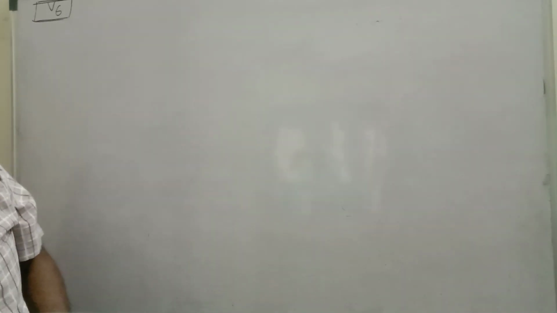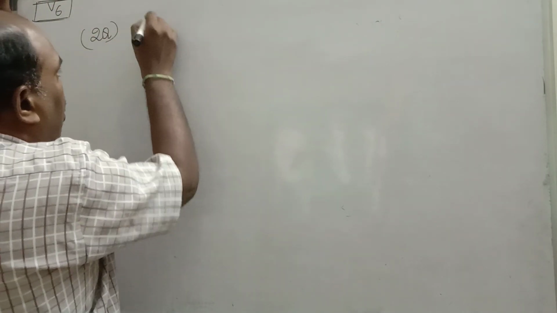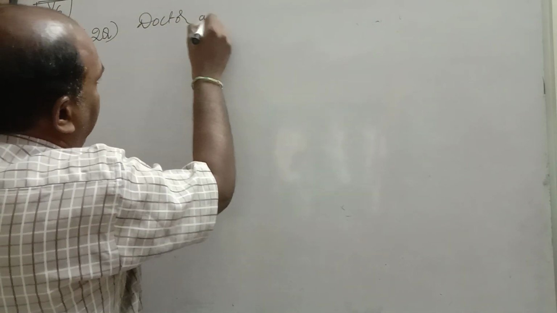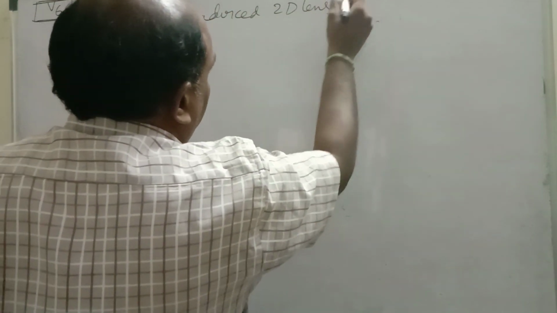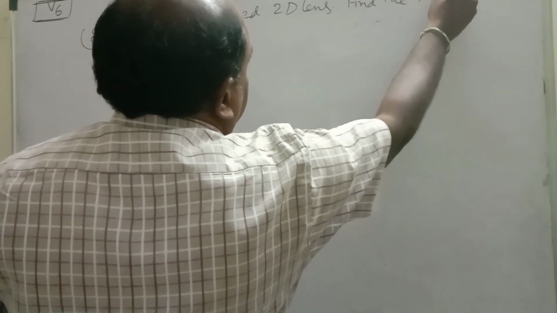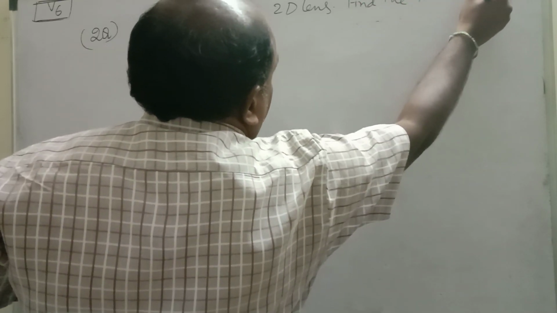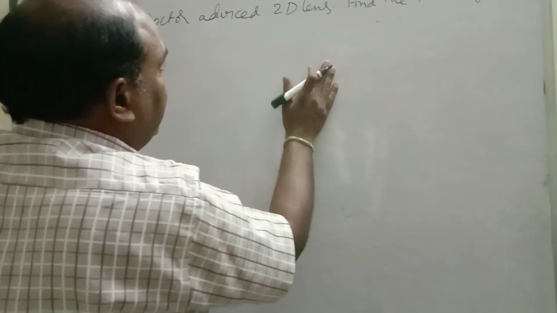Now, the second question: the doctor advised a 2D lens. Find the focal length. Very important, children. The doctor advised a 2D lens.